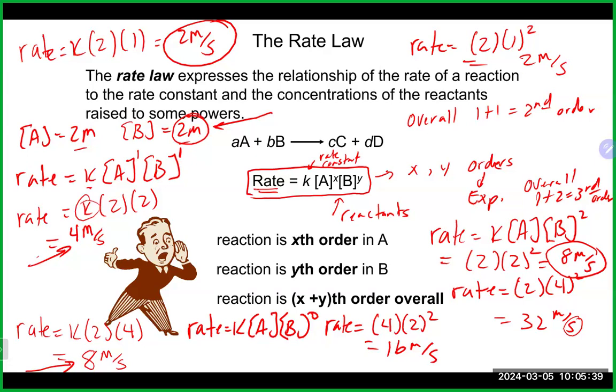Because you could raise B as much as you want, even to 400, but when you take 400 to the 0, it's always going to end up at 1. So it will have really no effect on the rate because of its 0 order. So in this reaction, the whole rate is determined by what's going on with A. Any questions on any of that there?